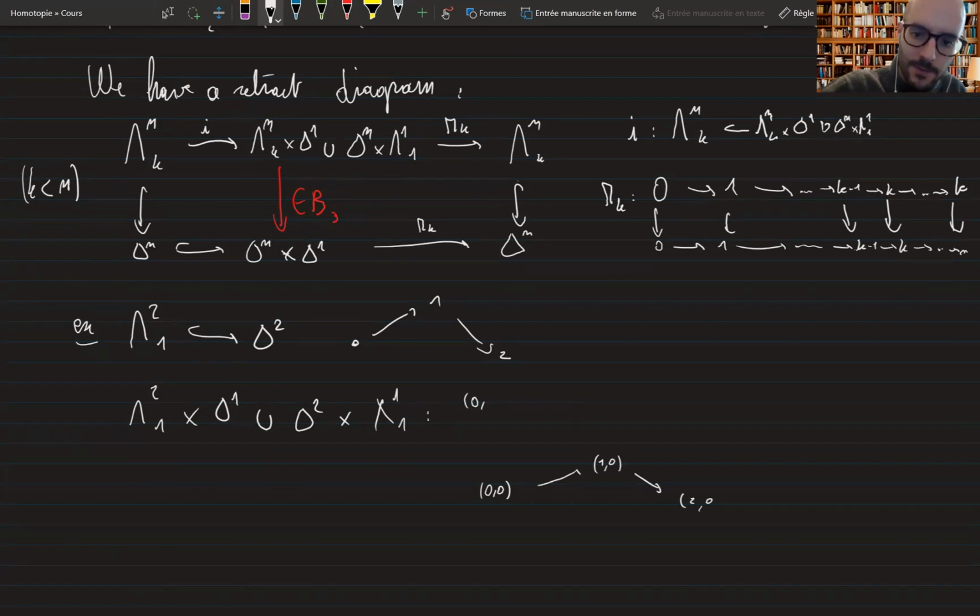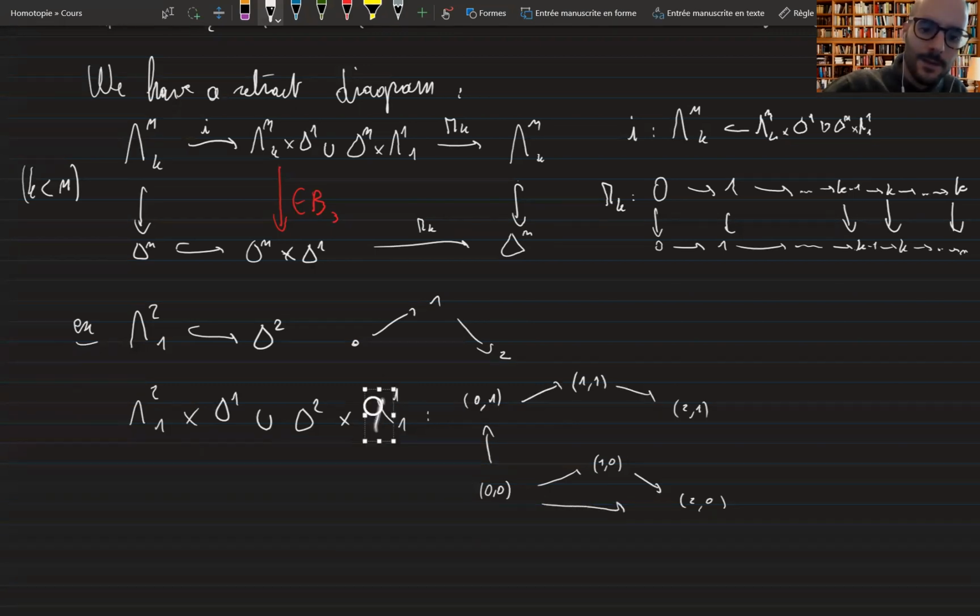And you have the same thing at the top, but with 0, 1, 1, 1, 2, 1. Okay. The bottom face, you have the full delta 2. So this whole thing is included.